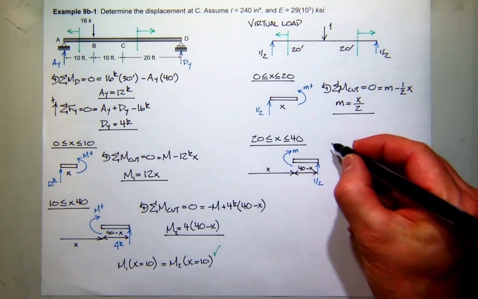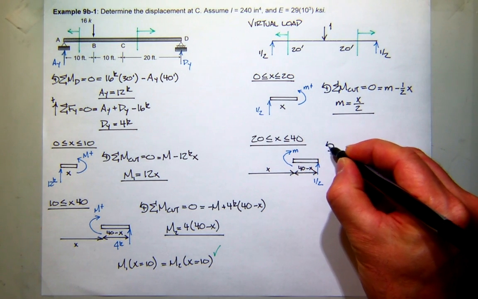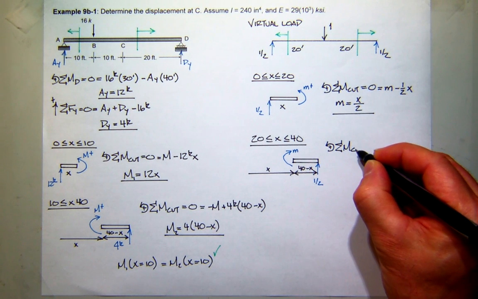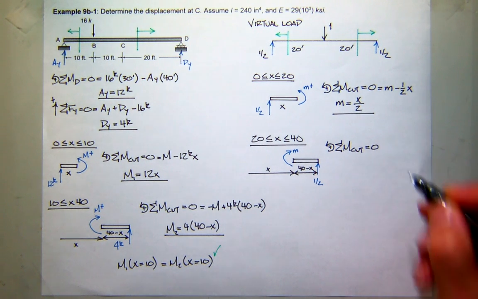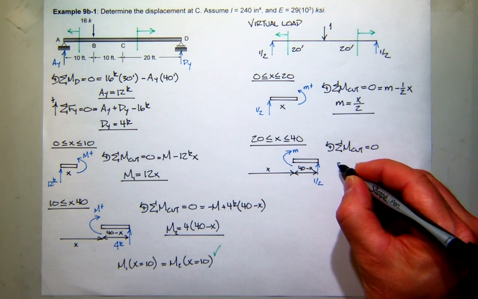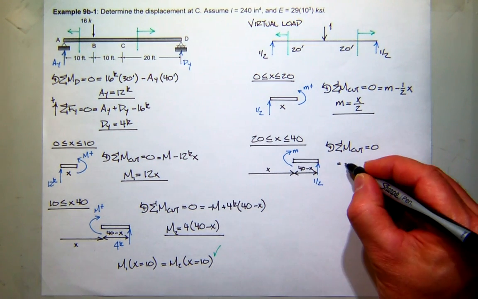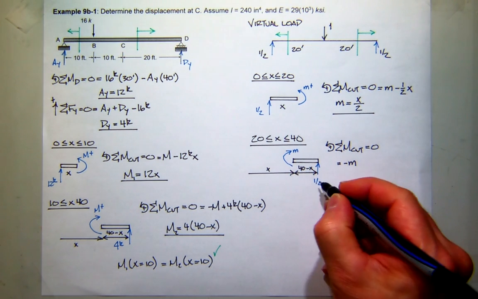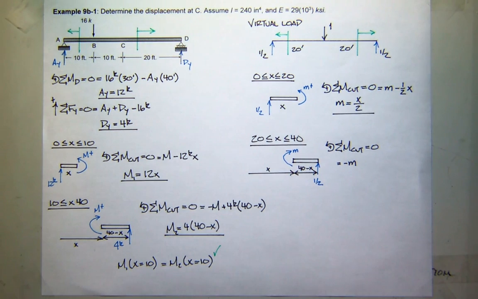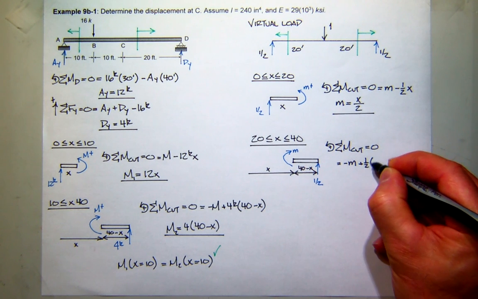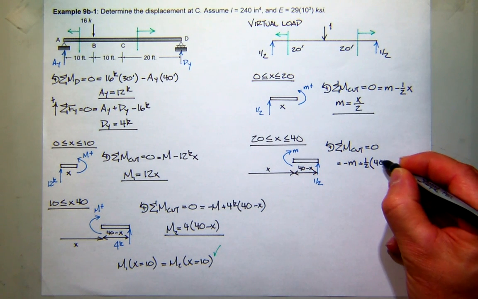And we'll do the same thing. So now we'll make sure our structure is in equilibrium. So I'll sum moments about the cut. Make sure it's in equilibrium. So I have that equal to the internal moment here, which is negative. And of course, this 1/2 doesn't look like a half, does it? Is positive with the moment arm of 40 minus x.